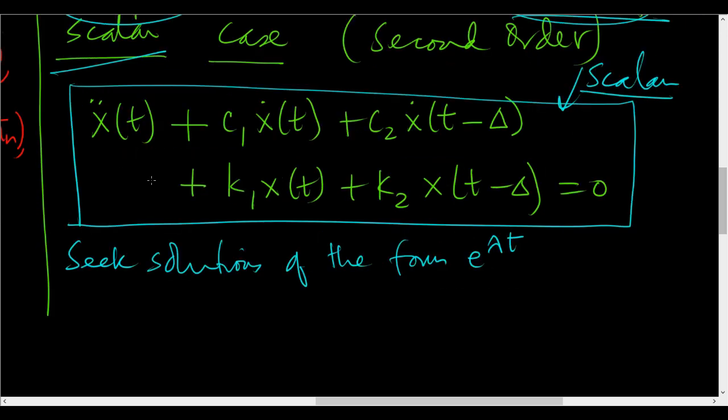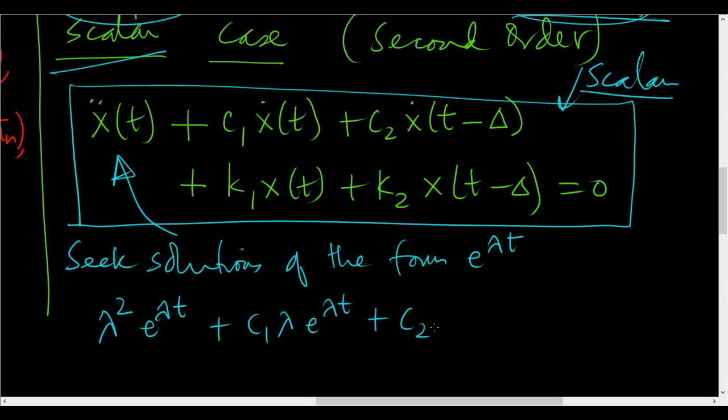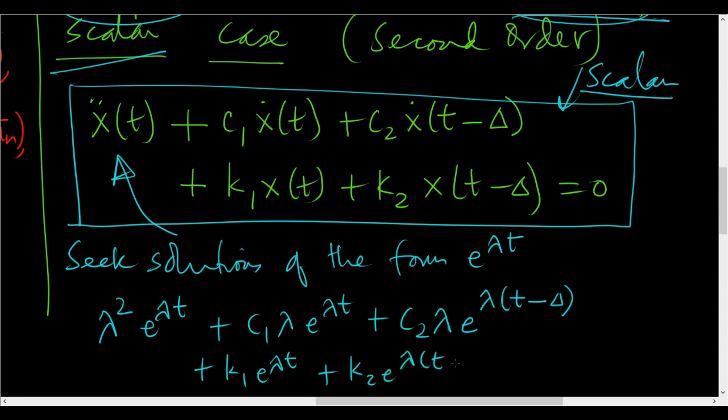When we substitute it in here, we get lambda square e to the lambda t plus c1 lambda e to the lambda t plus c2 lambda e to the power lambda t minus delta plus k1 e to the lambda t plus k2 e to the lambda t minus delta equals 0.